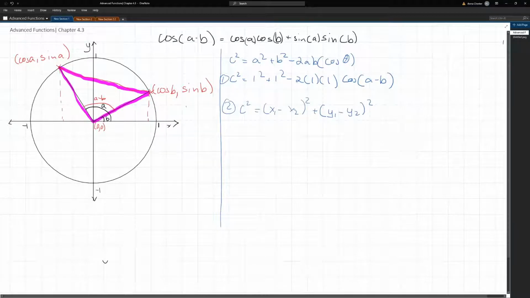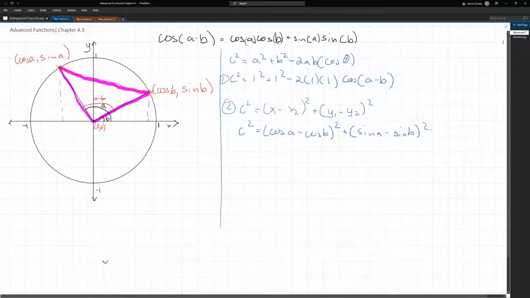So now let's substitute the values that we know. So c squared is equal to cos A minus cos B squared plus sine A minus sine B squared.